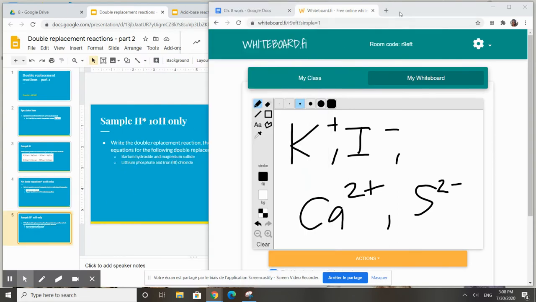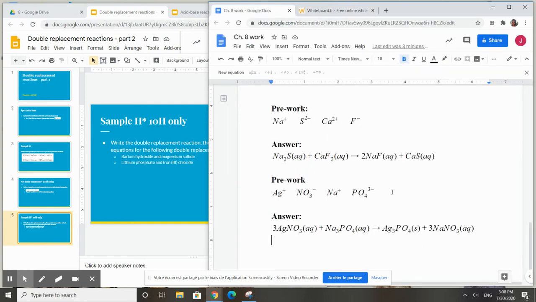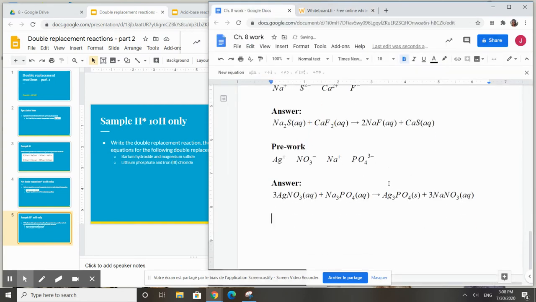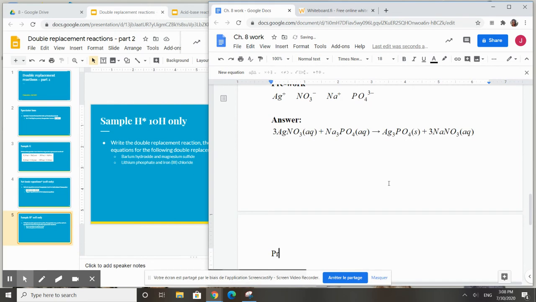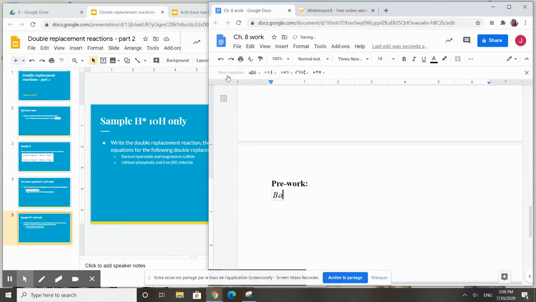Right, so we're going to write all of the parts of this. So let's start with the pre-work. I'm just listing out all the ions. It's really useful when you have to do all parts of it to list the pre-work.